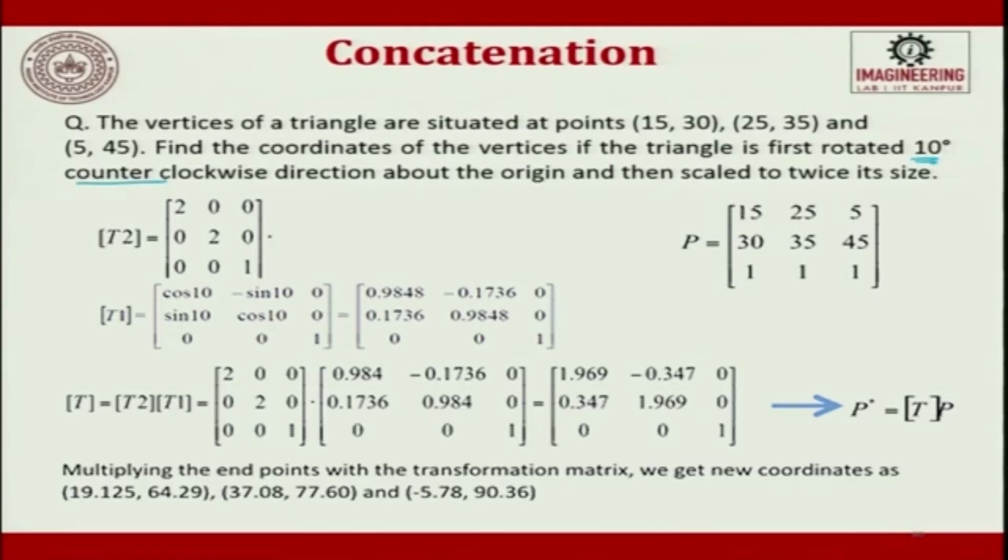If I have not given in the examination, you have to assume it as counterclockwise only. About the origin and then scale it twice. You rotate it and then you scale it with respect to what? With respect to the coordinates of the vertices if the triangle is rotated 10 degrees about the origin and then scaled.